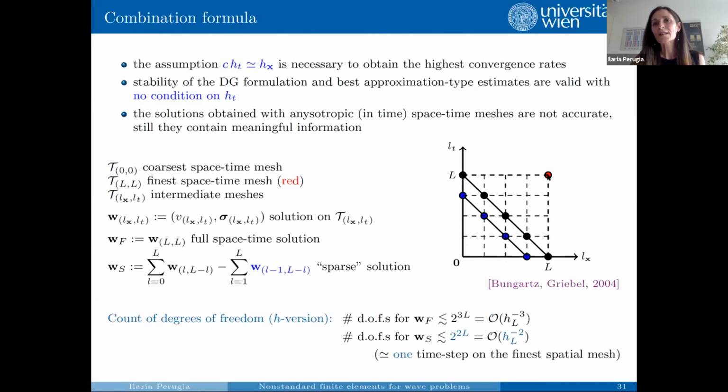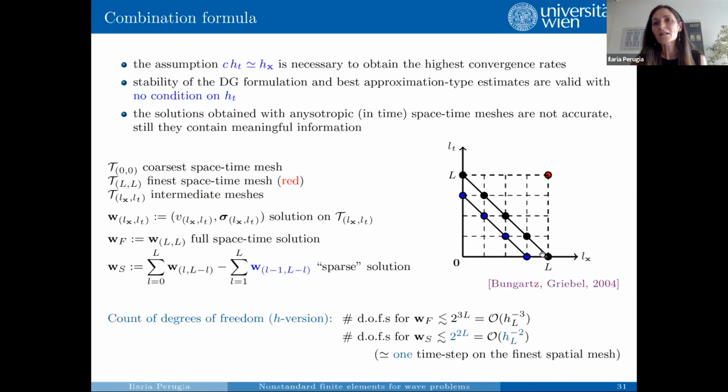I want the accuracy of the red dot, so of my mesh, which is very fine both in space and in time. For computing that solution, I have a complexity like a d+1, so in this case a 2 + 1 dimensional problem. So instead of computing this solution, I can take a linear combination of the solutions located at the black and blue dots.